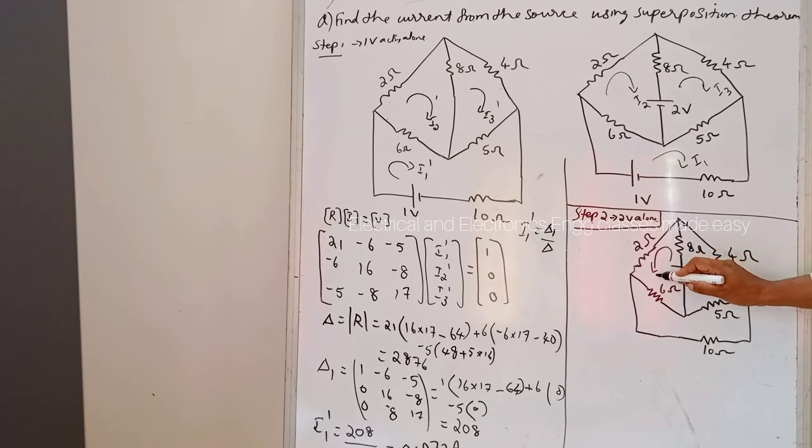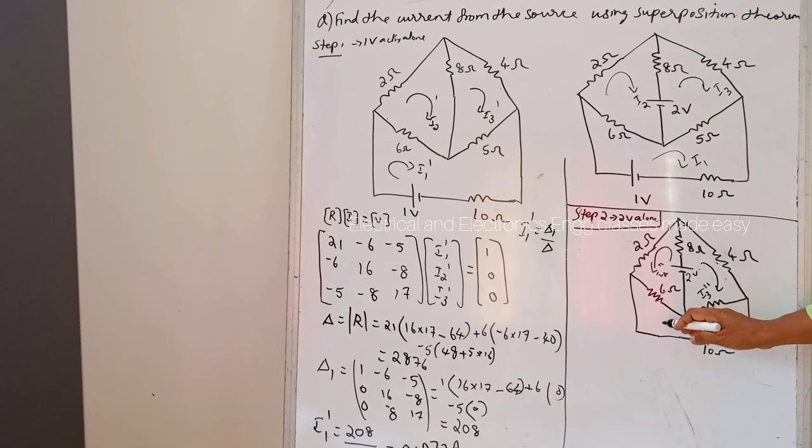So this is I2 double dash and this is I3 double dash, I3 double dash in this direction and I2 double dash in this direction. Then let I1 double dash be in this direction.